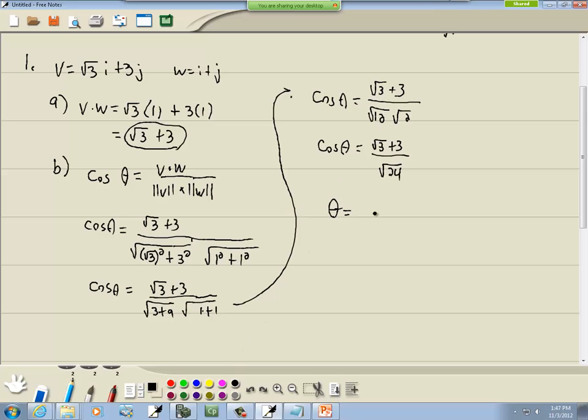So we got theta is equal to inverse cosine of square root of 3 plus 3 over the square root of 24. Now, if you have more than a single number, single radical, single variable, in the top or bottom of a fraction, put parentheses around it. So when we plug this in, we had to put parentheses around the square root of 3 plus 3. Well, let's see what this gives us.